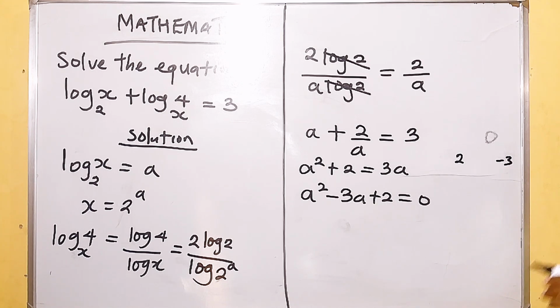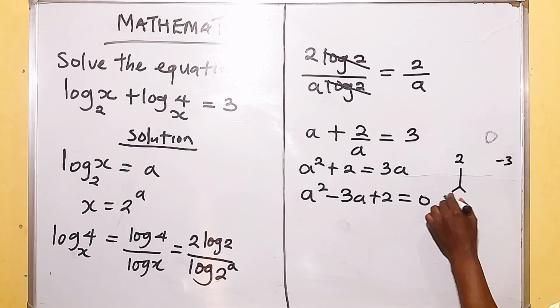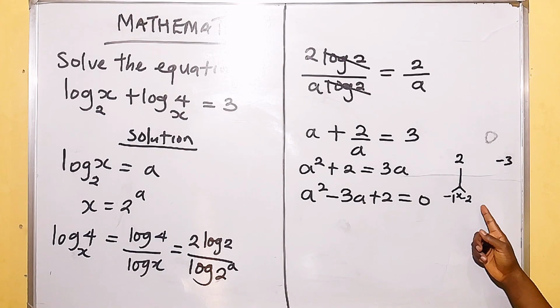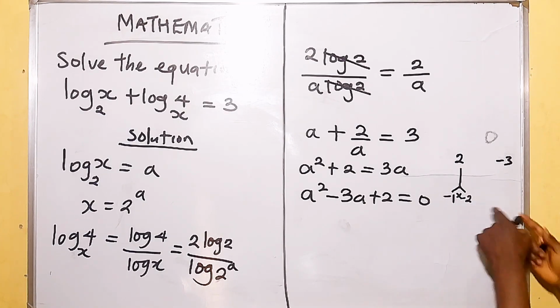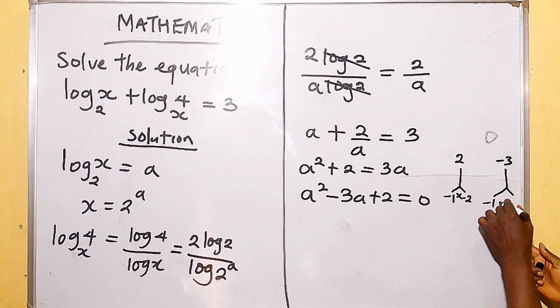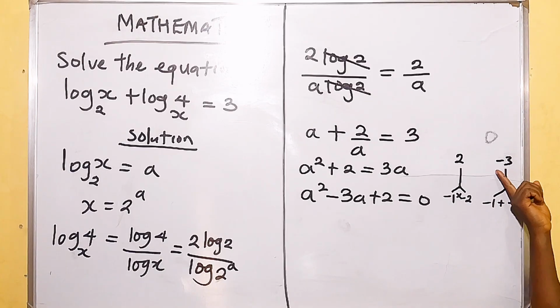Therefore, the two factors are minus 1 and minus 2, because minus 1 times minus 2 will give me 2, and minus 1 plus minus 2 is equal to minus 3.